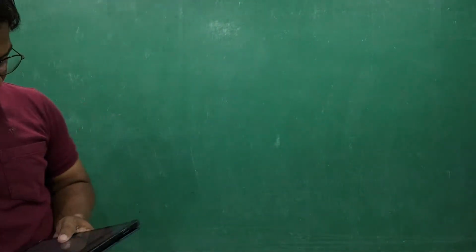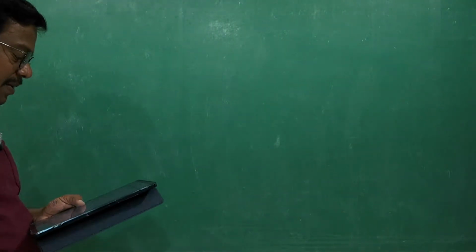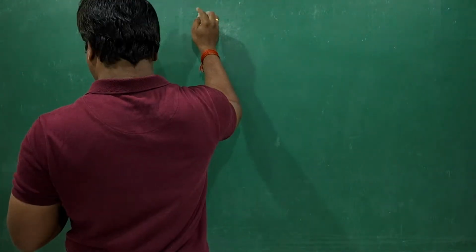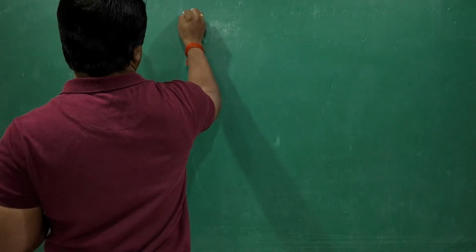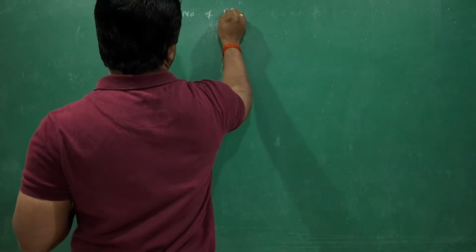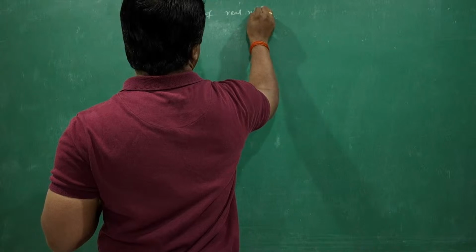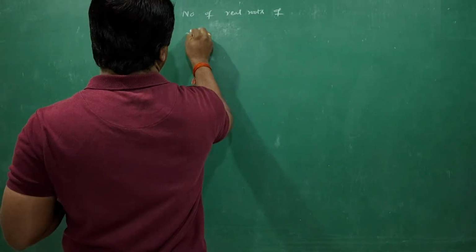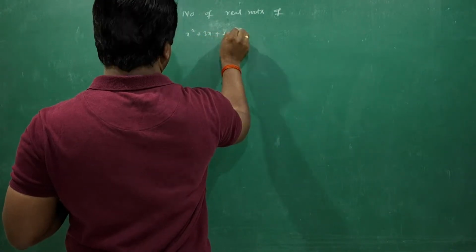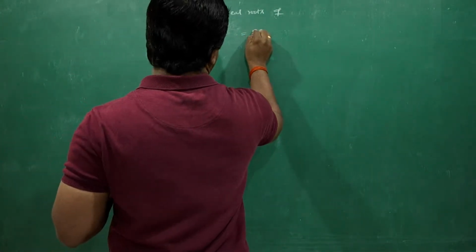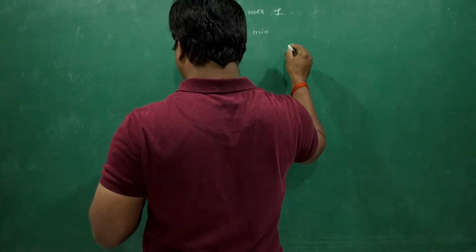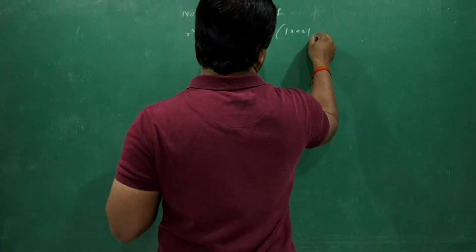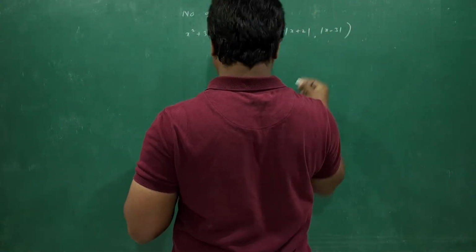Number of real roots of the equation x square plus 3x plus 2 equal to minimum of modulus x plus 2 comma modulus x minus 3.